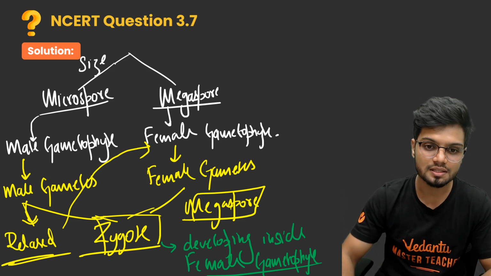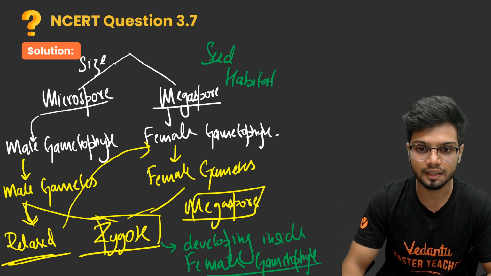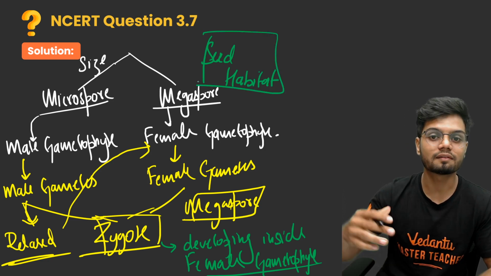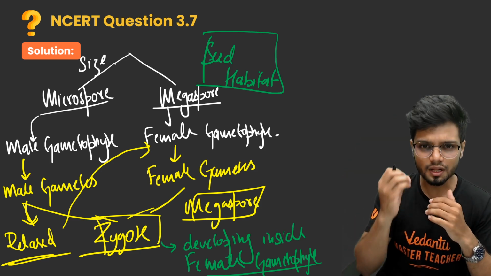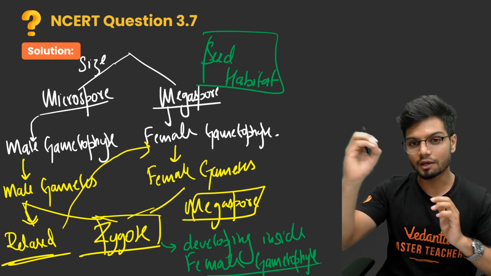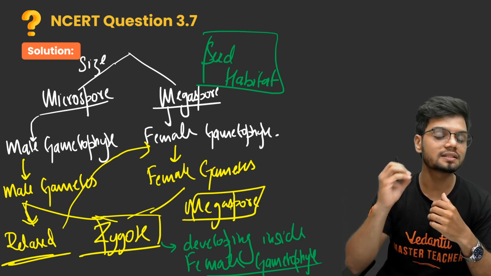Clear? This is called the seed habit, which is known in the higher plants, where when double fertilization happens, the zygote develops inside the embryo sac.